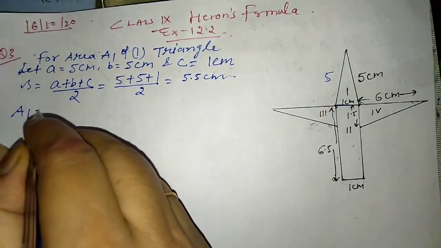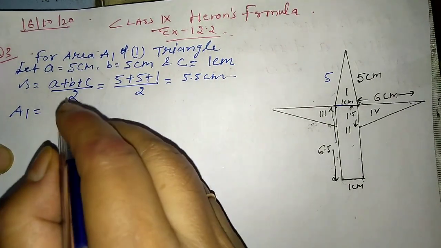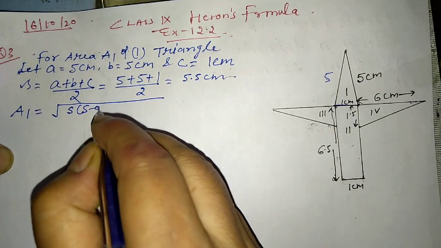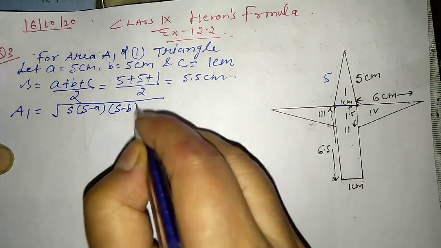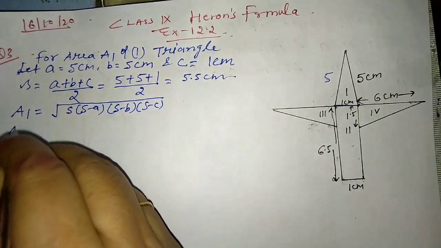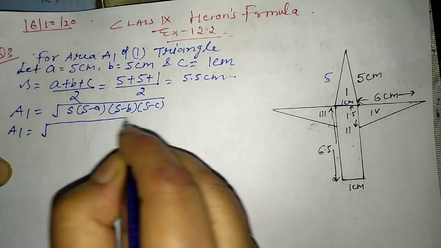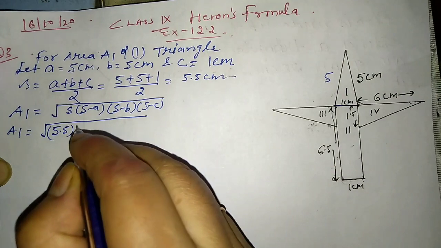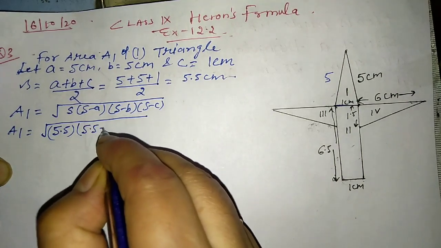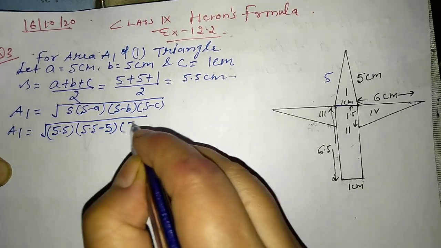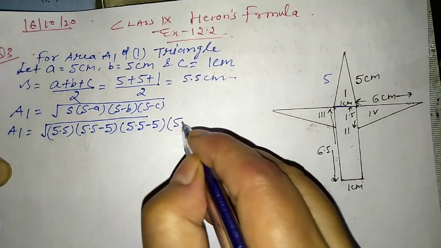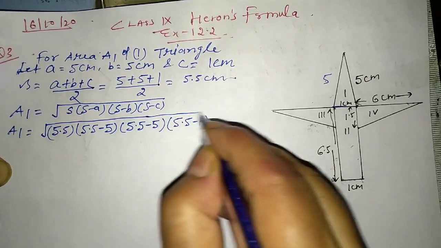Area A1 we are going to find. We know the formula, under root S into S minus A, S minus B and S minus C. So A1 is equal to under root S, S is 5.5, 5.5 minus 5, 5.5 minus 5 and 5.5 minus 1.